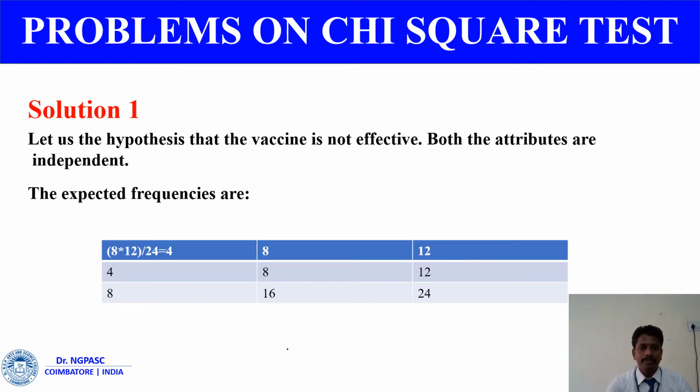Next, third entry: column total 8, row total 12. 8 into 12 divided by 24, simplified we get 4. Next, fourth entry: column total 16, row total 12. 16 into 12 divided by 24, we get the answer 8.